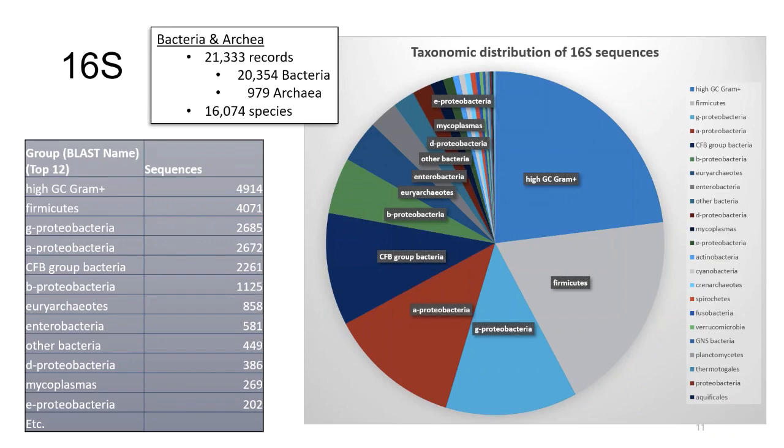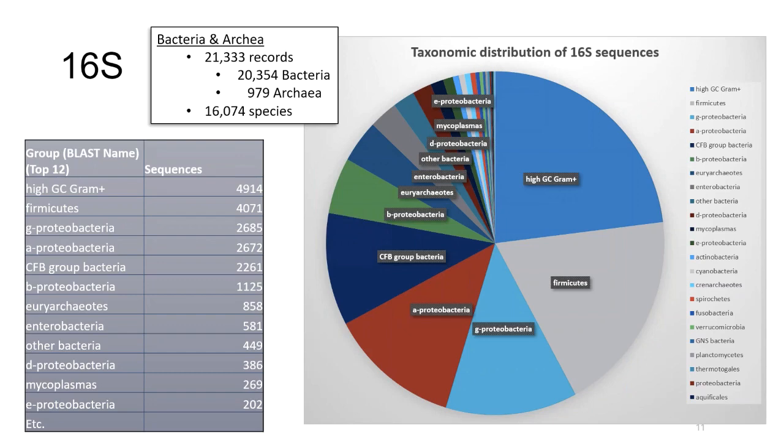So looking at what kind of taxonomic distribution we have for the organisms in the groups. For the 16S, this is a breakdown of what groups are represented. And what I've done here is I've used a name that's sort of a handle for a group of bacteria. These are the so-called BLAST names that we have in our taxonomy database. And so these are groups that most people recognize. The most represented group are the high GC gram-positive bacteria.